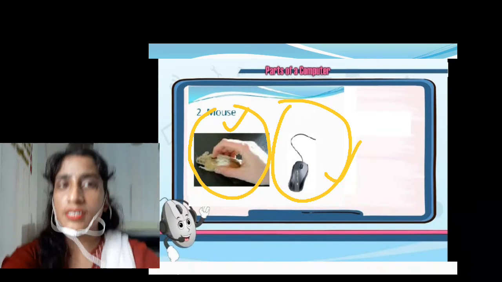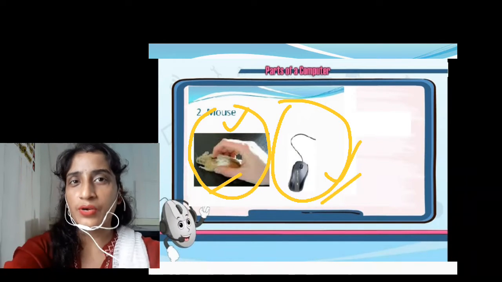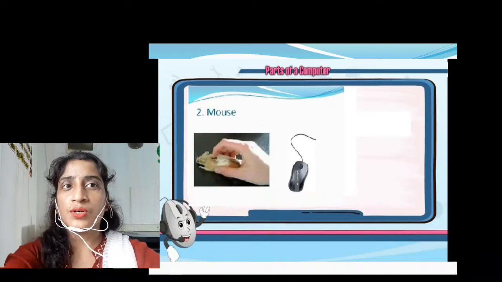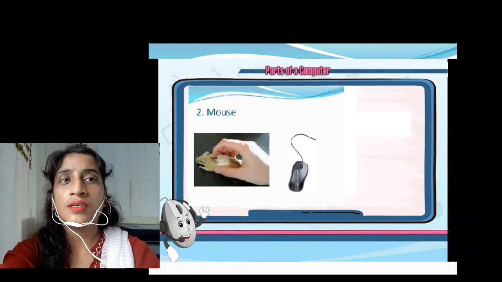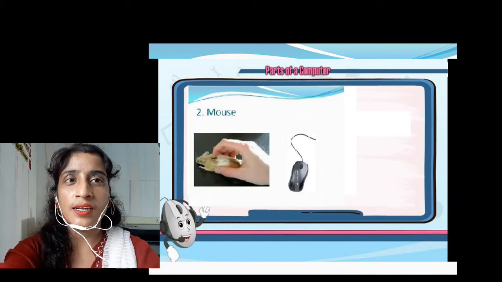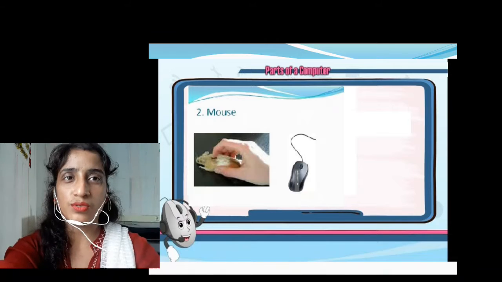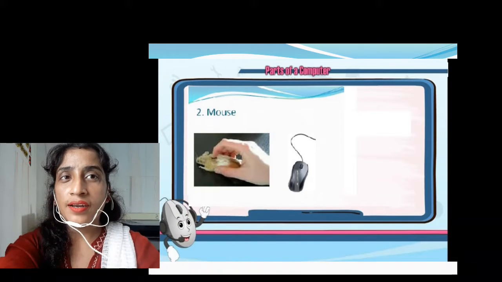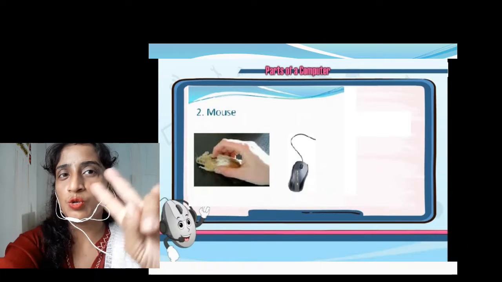Now, what is the difference between these? These are real and these are computerized. Students, can you see that? The computer mouse looks like a real mouse. A real mouse has two ears, like a computer mouse has two buttons.